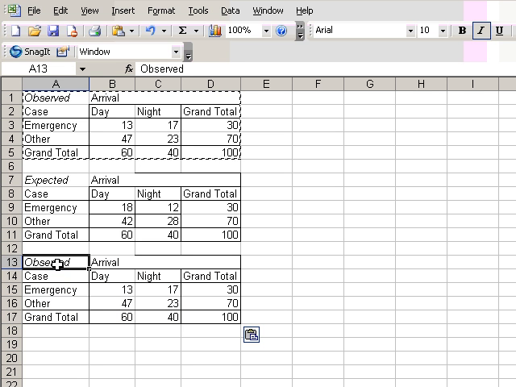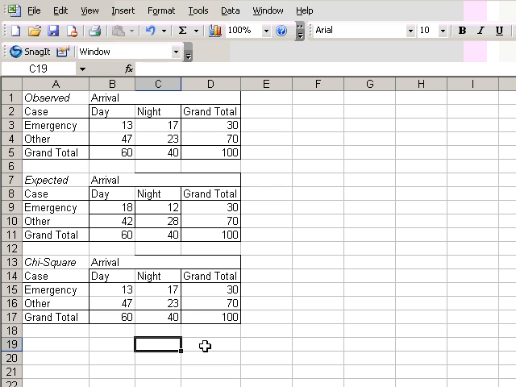and I will title this chi-square. Now, according to the formula in 8.1, the chi-square statistic is the sum of the quantity observed minus expected squared divided by expected.